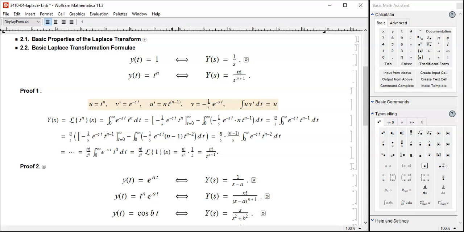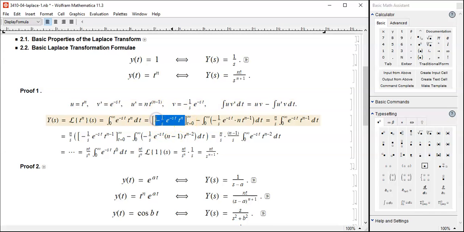This is equal to u times v minus integral u prime v dt. That's the integration by parts formula, isn't it? Let's put those in. So u times v, that's what we have down here. And then u prime v, that's what we have over here.